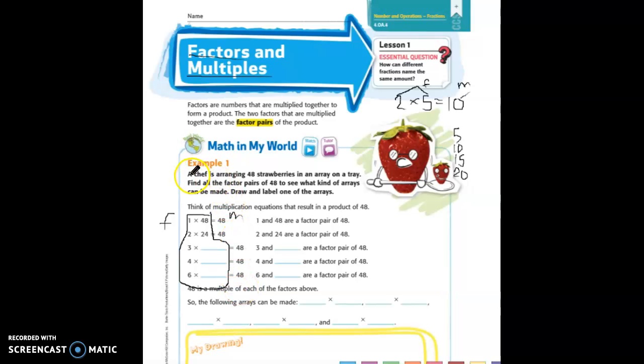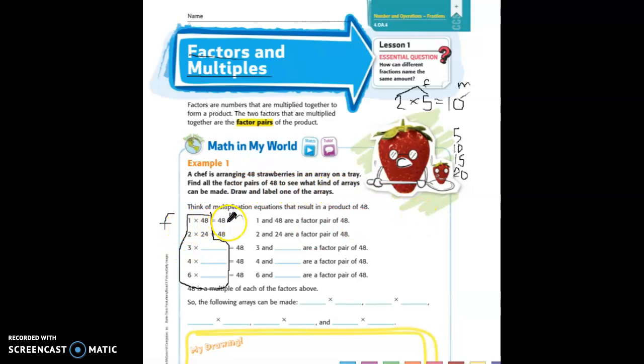And we're trying to see, according to the question that's being asked here, what are all the possible factors of 48? Okay, so we're arranging 48 strawberries in an array on a tray. Find all the factor pairs of 48 to see what kind of arrays can be made. Draw and label one of the arrays.